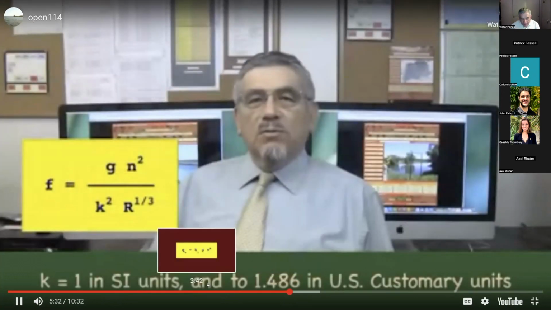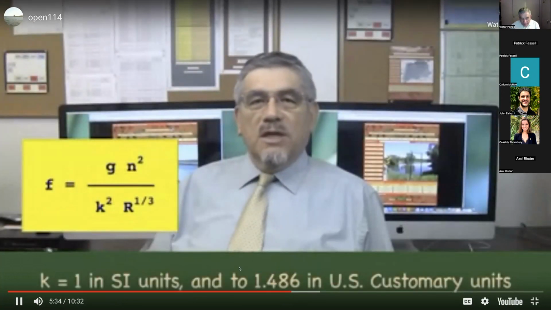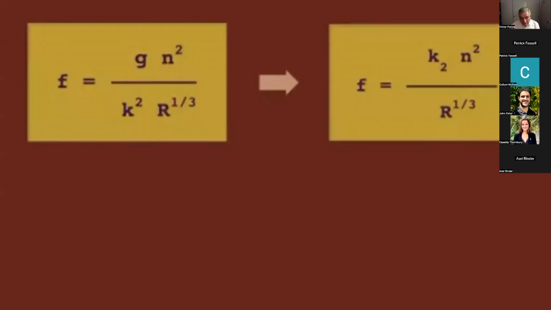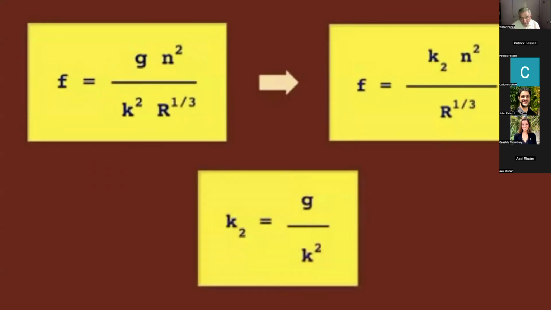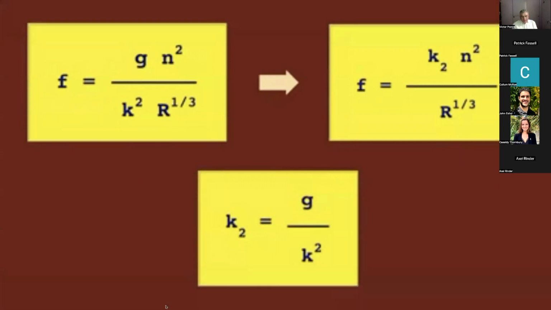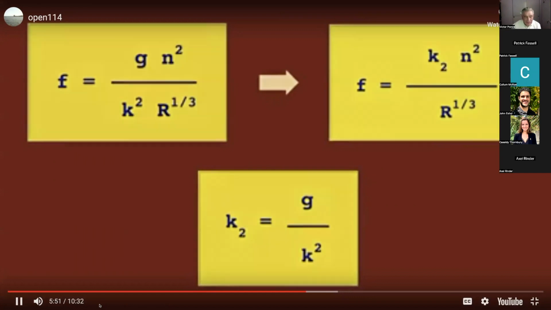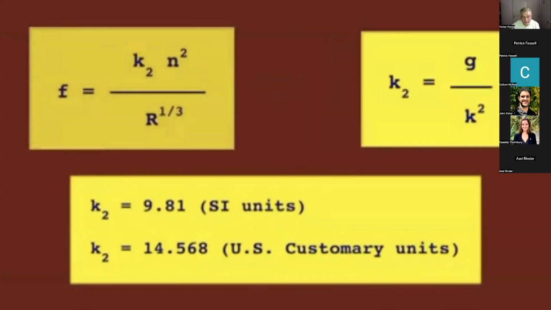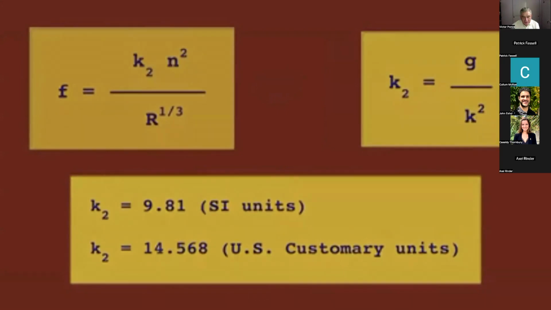K is equal to 1 in SI units and to 1.486 in US customary units. Therefore, K sub 2 is equal to g over K squared. K sub 2 is equal to 9.81 in SI units and 14.568 in US customary units.